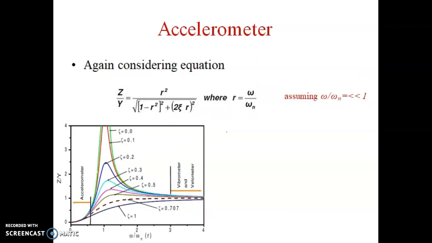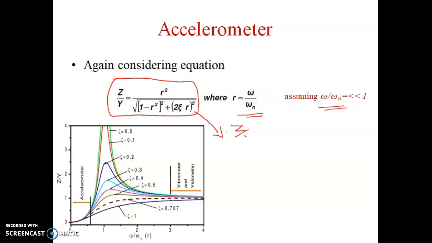For studying the principle of accelerometer, again we are considering the equation for forced vibration. So the equation is given like this, where r is equal to omega by omega n, and for accelerometers we are assuming this ratio omega by omega n is very small. So let's rewrite this equation like this.